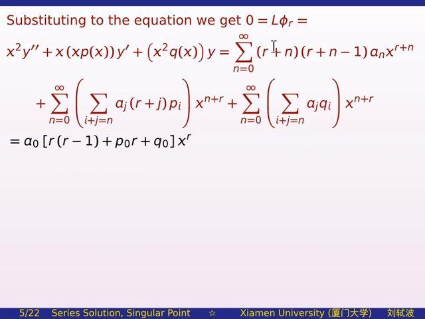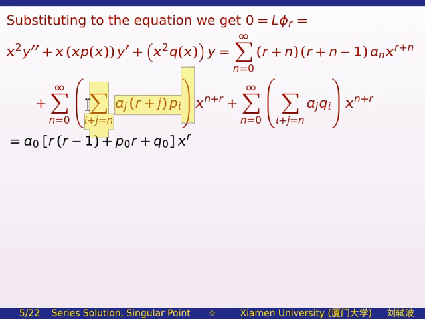For n equal to 0, the first series is a0, r, and r minus 1. So this is where our r minus 1 is coming from. This part of the coefficient of a0 comes from the first series for n equal to 0. Okay, that is r minus 1.